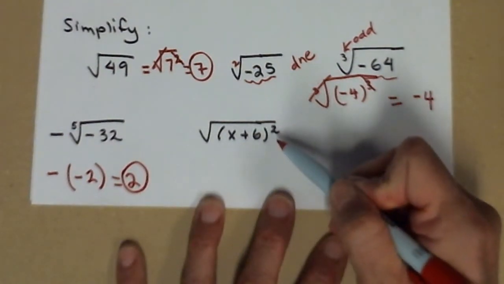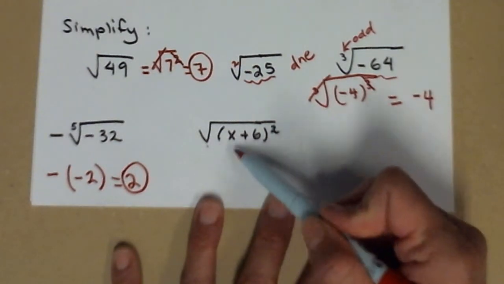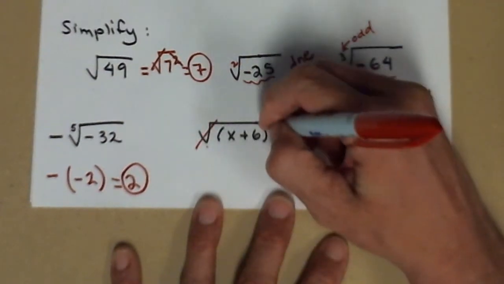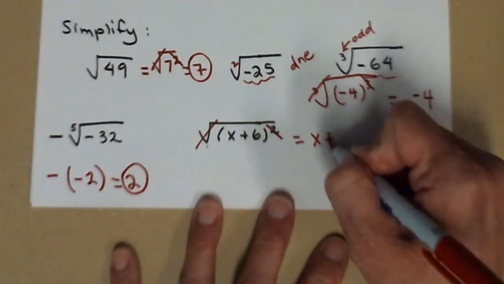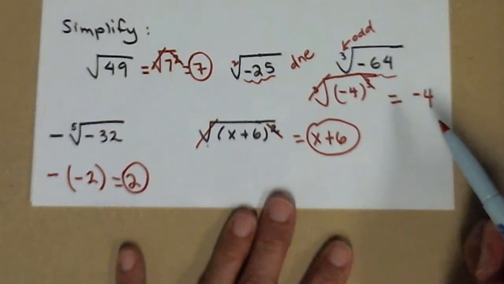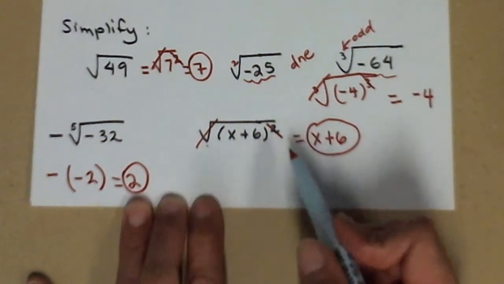And our last example, before we move on to our functions, I have the square root of x plus 6 quantity squared. Those would cancel, and what we get out is x plus 6. Here's where it might be different for some of your teachers, depending on how in depth you're going to go.